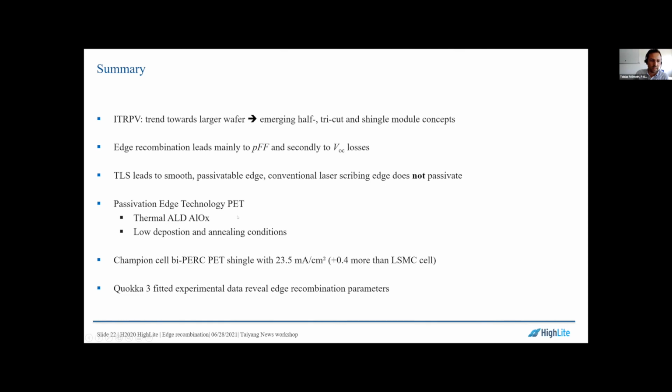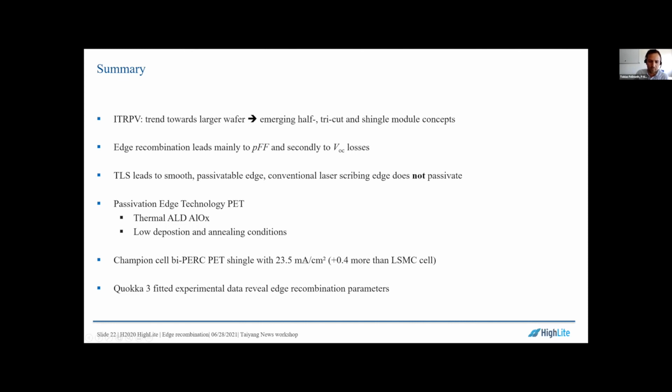And the passivating edge technology, PET, is using thermal ALD aluminum oxide for that. We have low deposition and annealing conditions, which is also compatible with heterojunction solar cells. And we see on B-perk solar cells with PET a 0.4 gain over the conventional laser scribed cell, and combining this with rear illumination, we're ending up with 23.5.